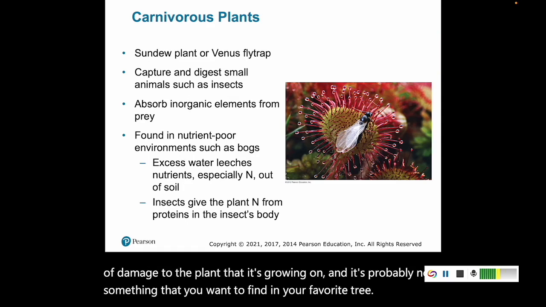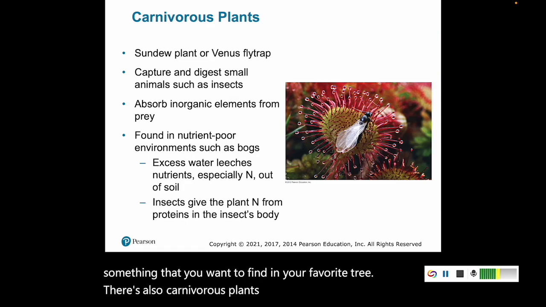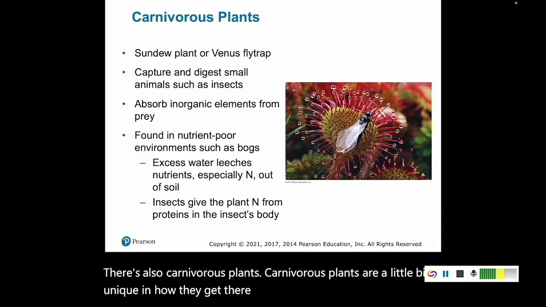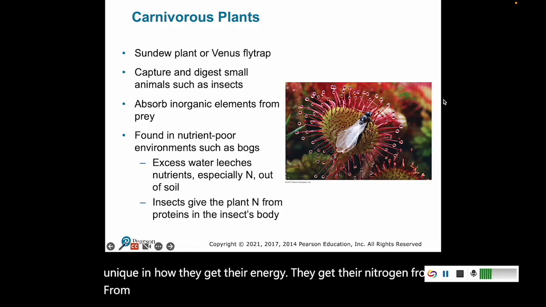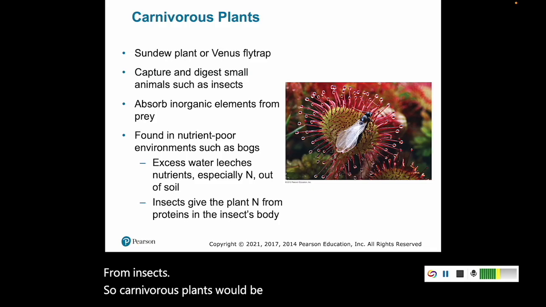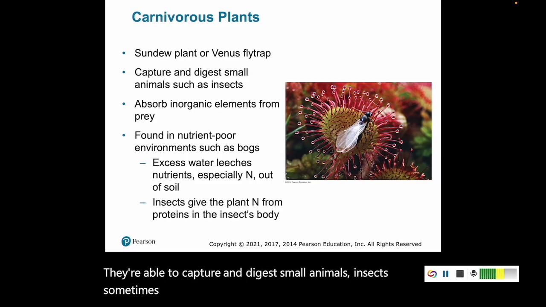There's also carnivorous plants. Carnivorous plants are a little bit unique in how they get their energy. They get their nitrogen from insects. So carnivorous plants would include something like a Venus flytrap or a sundew plant. They're able to capture and digest small animals, insects, sometimes even larger animals than that.